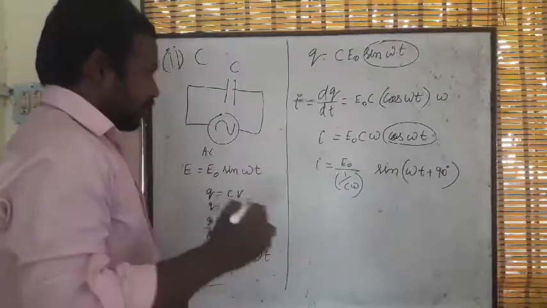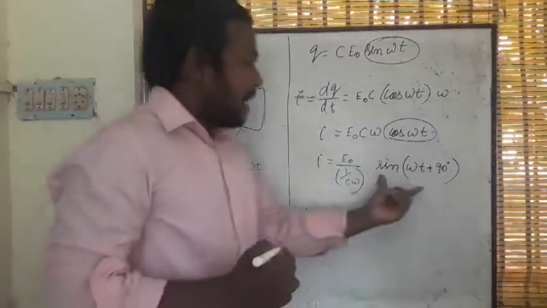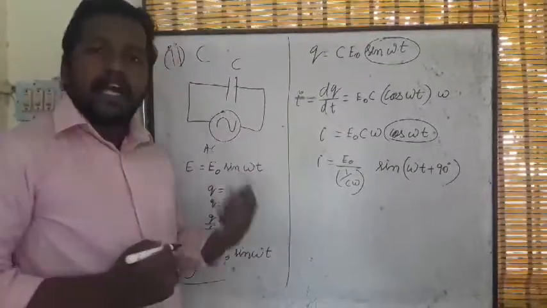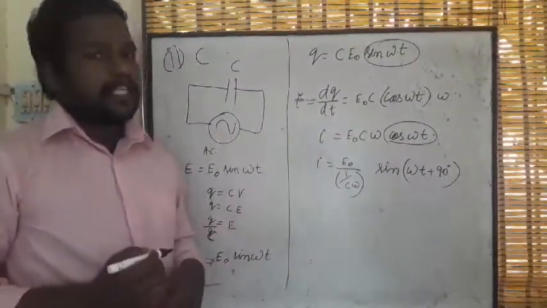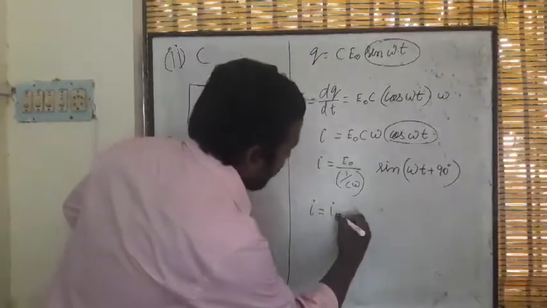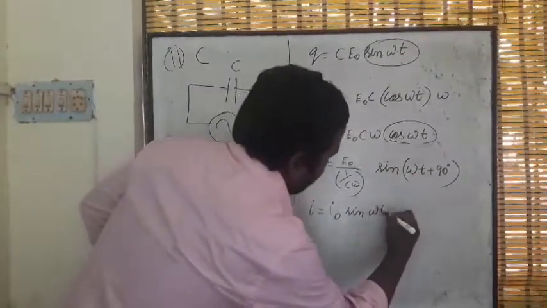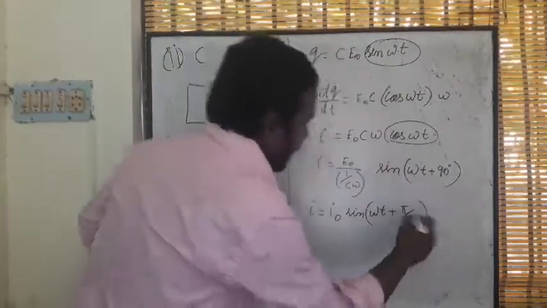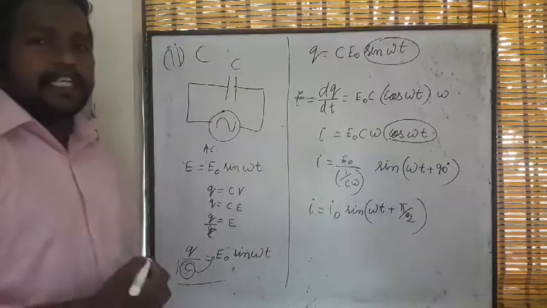One more thing: I am writing sin because I want to relate the applied EMF versus how much current is flowing. So I is equal to I naught sine omega t plus pi by 2. That means 180 degree divided by 2, you get 90 degree as a phase difference.